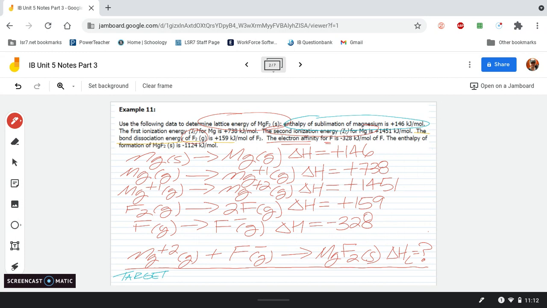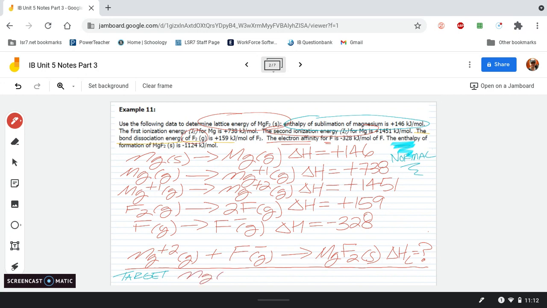And the last line says the enthalpy of formation is negative 1124. Enthalpy of formation is normal chemistry. So you might want to write that enthalpy of formation is normal, regular old chemistry, whatever that looks like. So let's think about this. We know how to make MgF2. It's really easy.